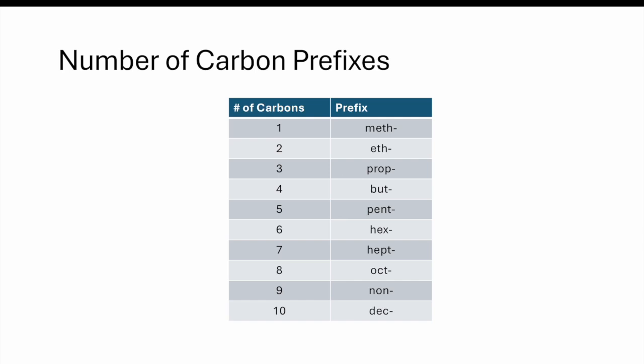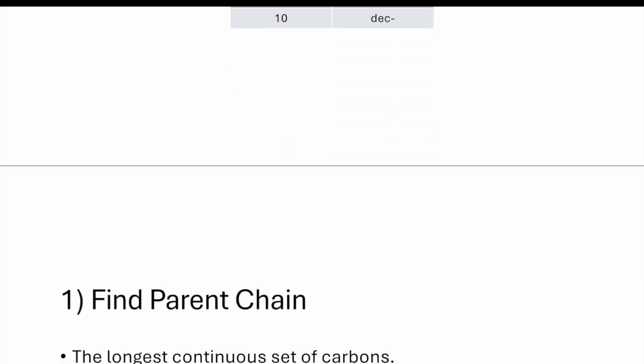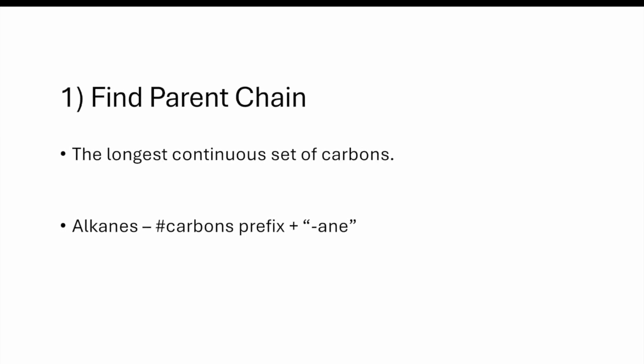So we're going to have the same 4 basic rules for naming molecules. We're always going to have these same 4 first steps. And the first step is to find what's called the parent chain in that molecule. So when we're looking at a molecule, we're going to find its parent chain, which is the longest continuous set of carbons that we have in that molecule.